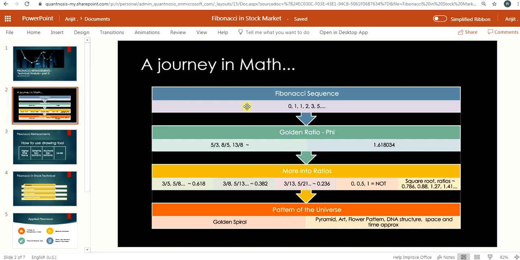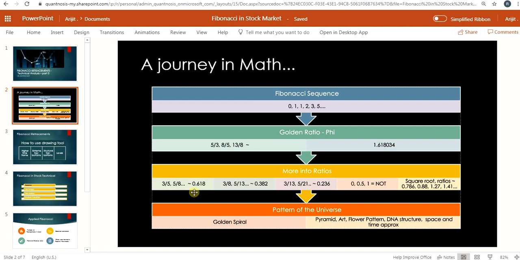Before using this sequence or the ratio, we'll calculate some more ratios. If you take two immediate numbers with the smaller number at the top and the bigger number at the bottom, which is basically 3 by 5, 5 by 8, 8 by 13, and then 13 by 21, you will get a ratio of 0.618.